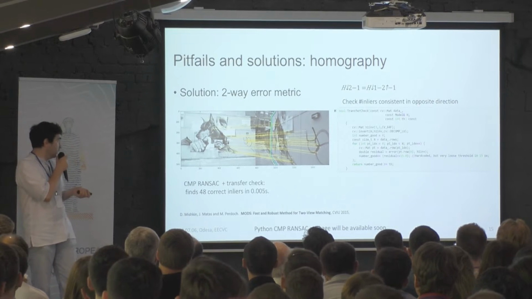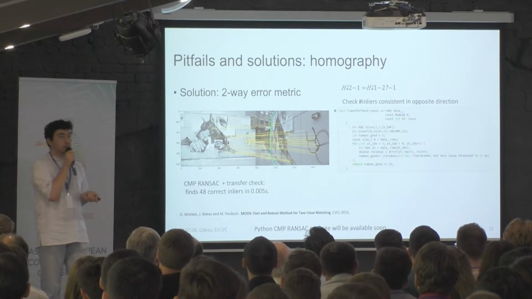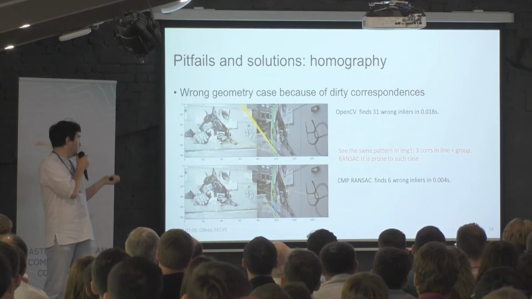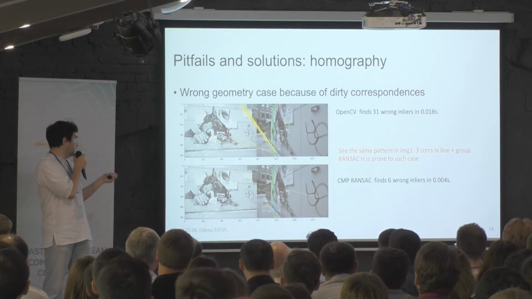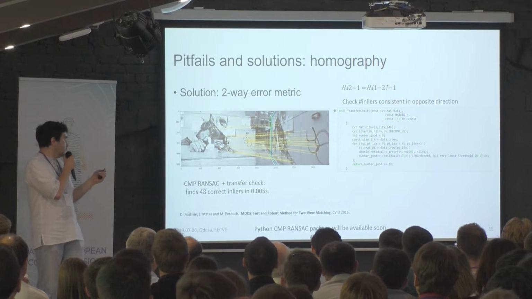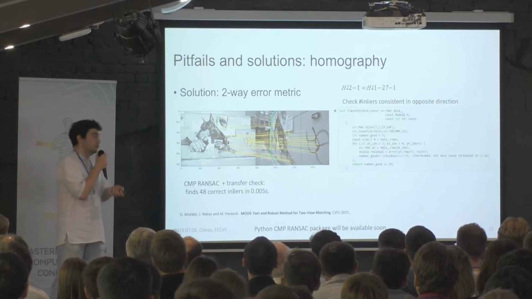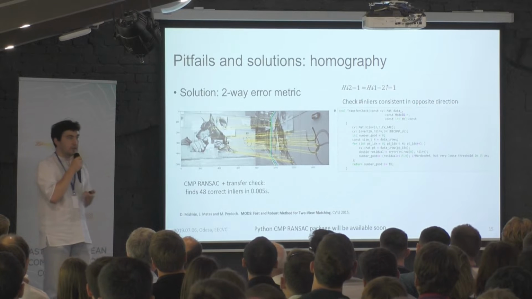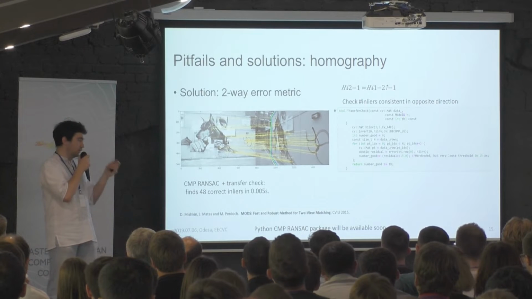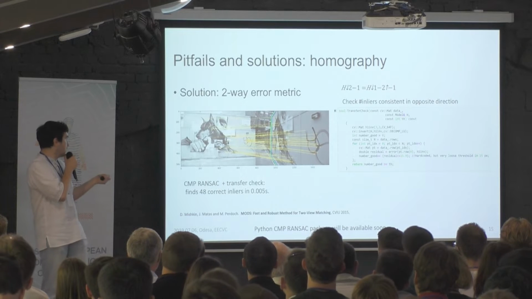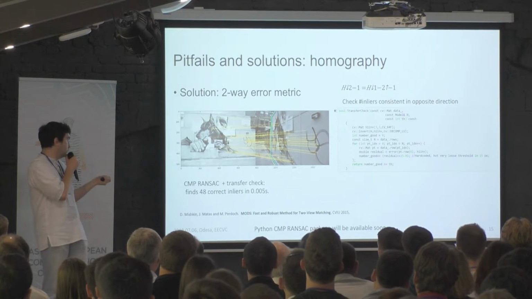So how to fix this? It's a very simple thing. You calculate your error in two ways, because usually homography is only from image 1 to image 2, and not the other way around. We just check that our correspondences are also consistent with a given error in the other direction, and then we find a very simple, very fast and correct model.